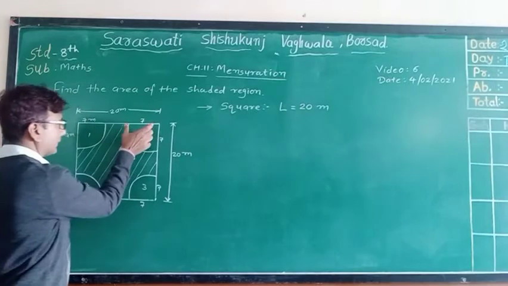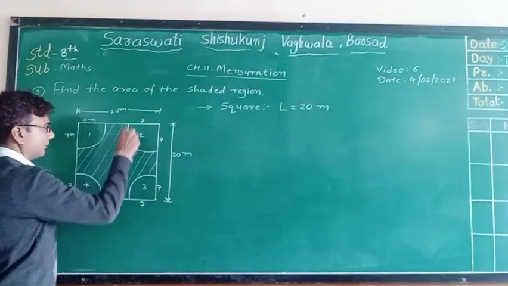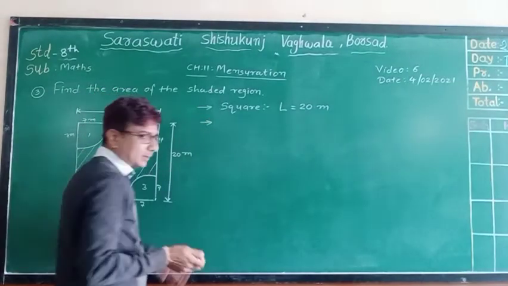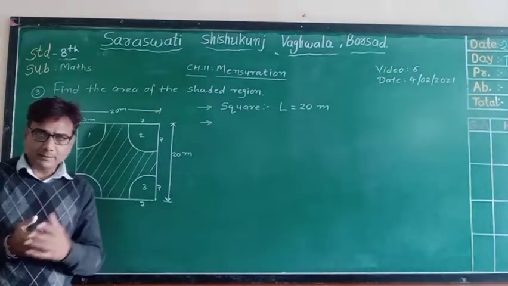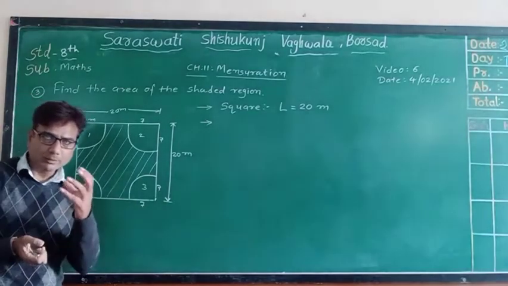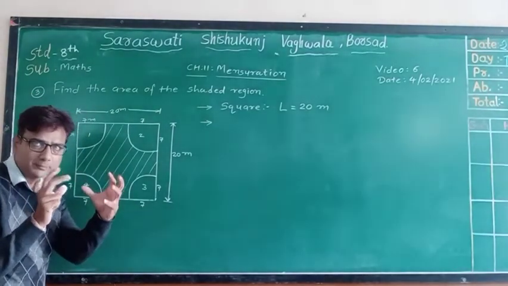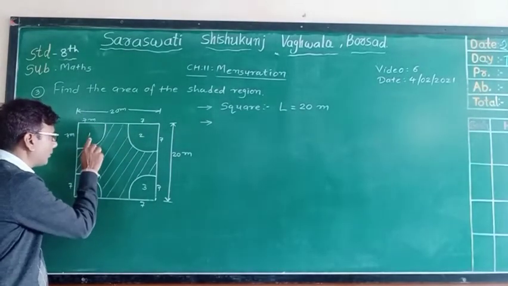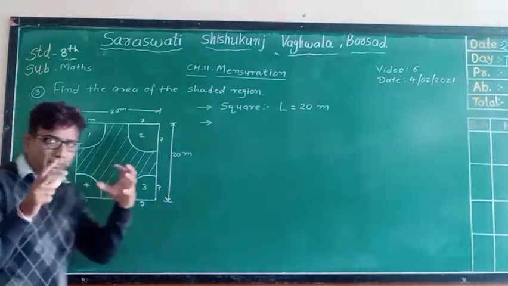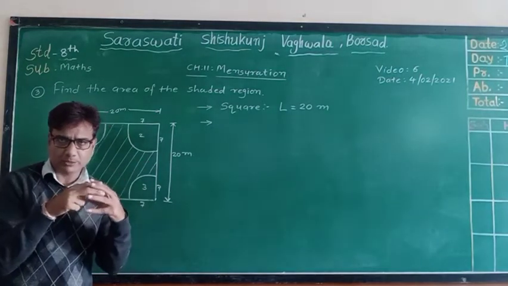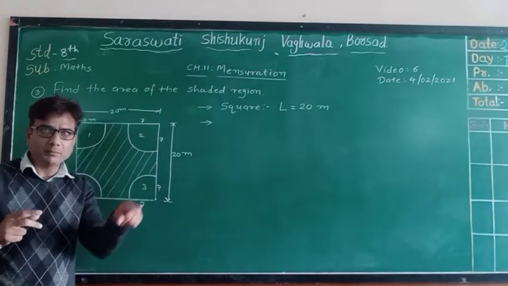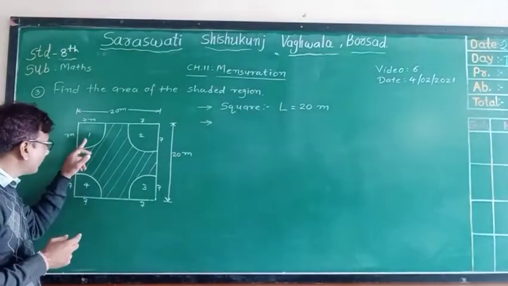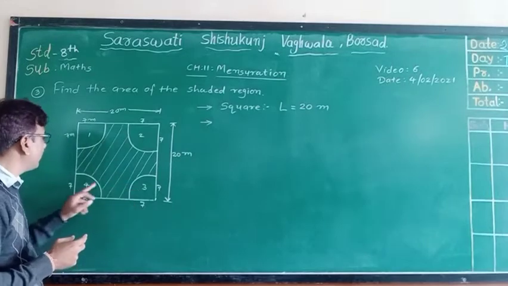And this radius is 7, that means the radius in a quadrant. See, one point I want to write here. If I join all these four quadrants, 1, 2, 3, and 4, to each other, then it will become a whole circle. Is it clear, beta? First part, second part, third part, and fourth part.